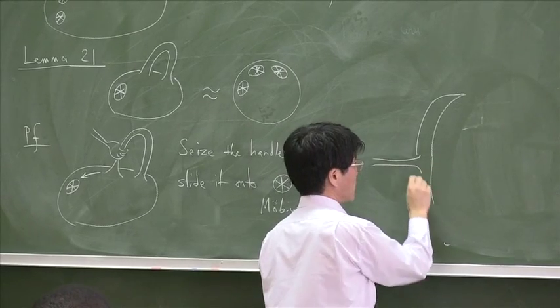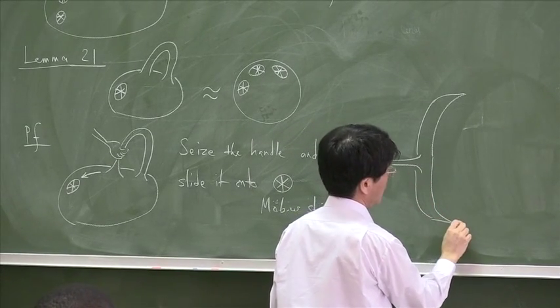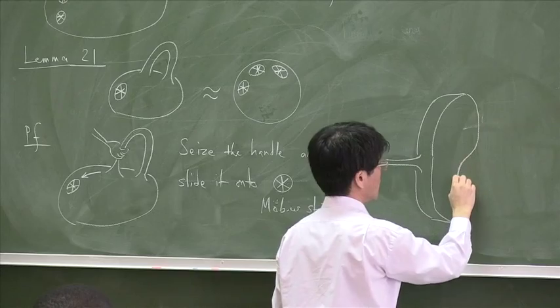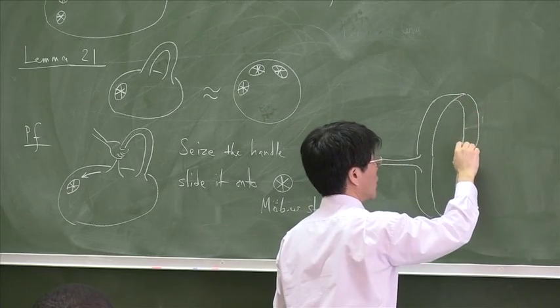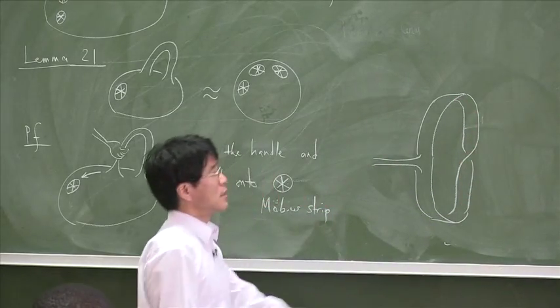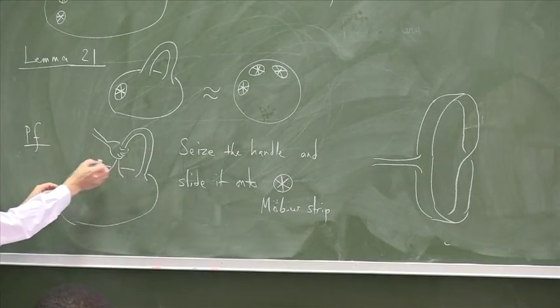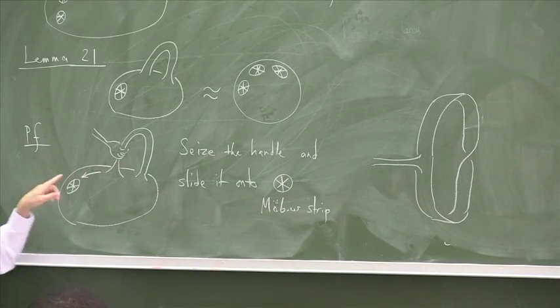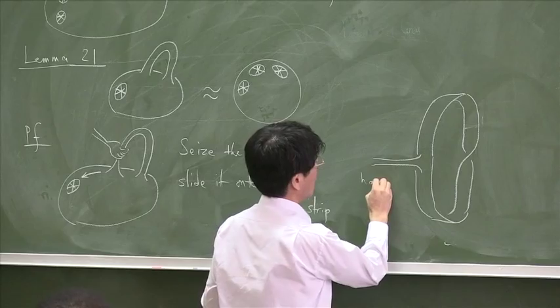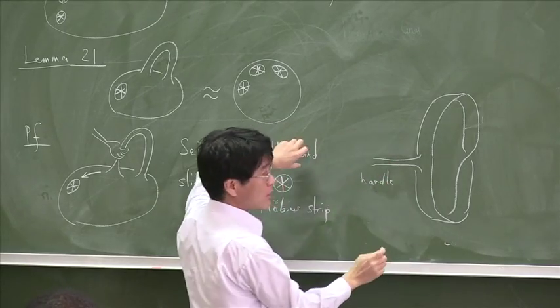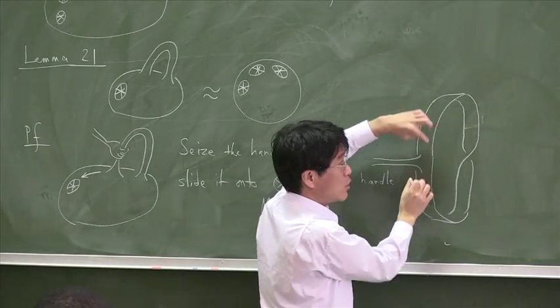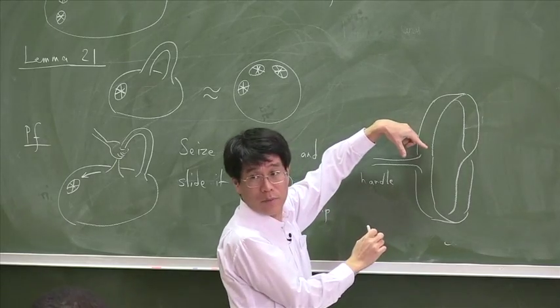Looks like this, doesn't it? That's what happens when this handle arrives on the Möbius strip. This is the handle sticking out from the outside, and that's now attached to the part of the surface which is the Möbius strip.